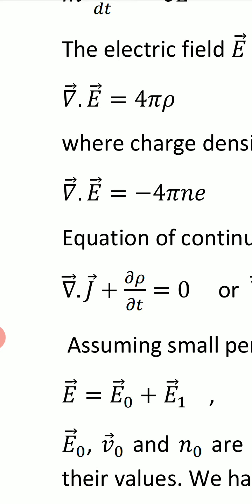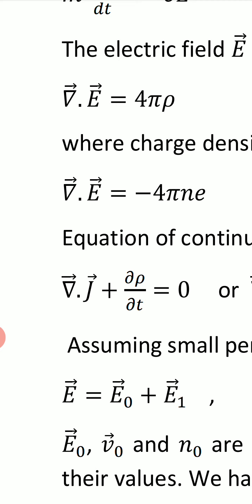This is in the units where 1 upon 4 pi epsilon 0 is put equal to 1. So for epsilon 0 we write 1 upon 4 pi. If we write del dot E equal to rho upon epsilon 0, in that equation we replace epsilon 0 by 1 upon 4 pi.